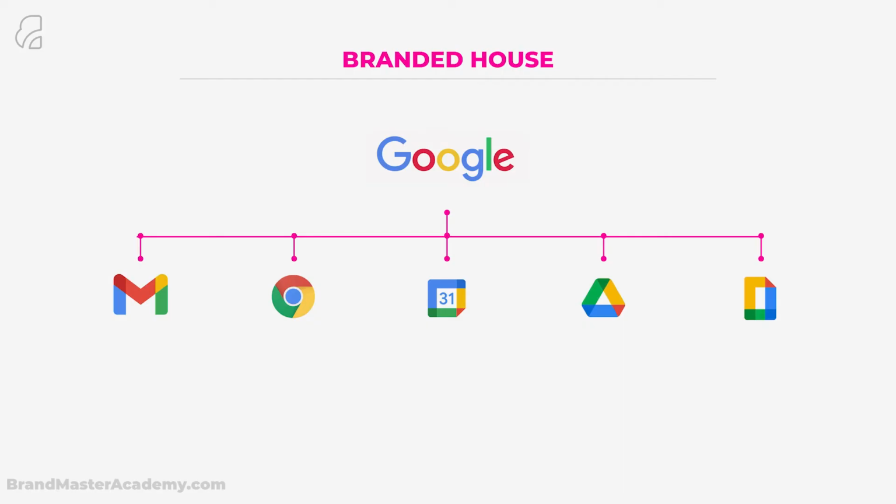You need to be able to distinguish very quickly one product from the next. So Google uses the branded house strategy. They identify each and every one of their products individually by naming them individually, branding them individually. Now, each and every one of these products, you can see they distinctly sit within the Google family, but they're easily distinguishable from one product to the next.